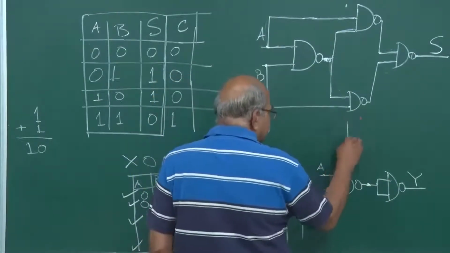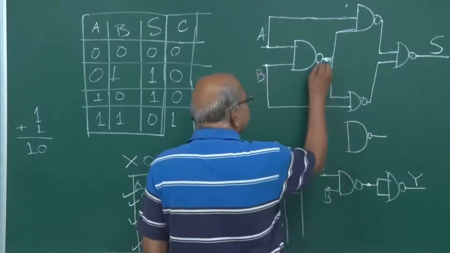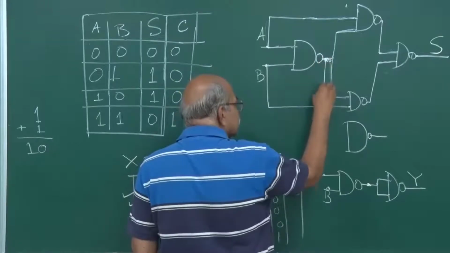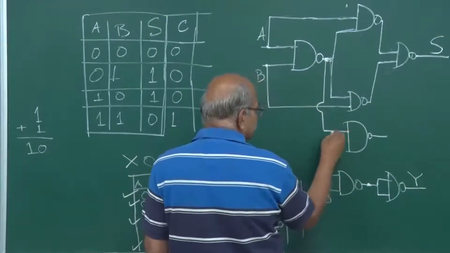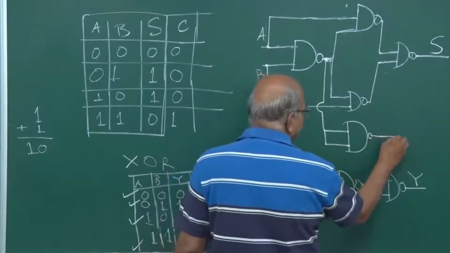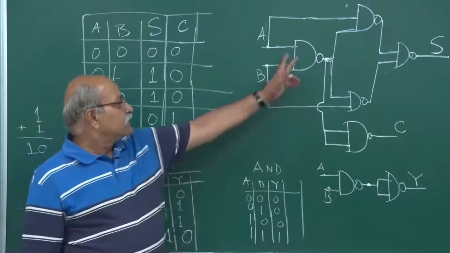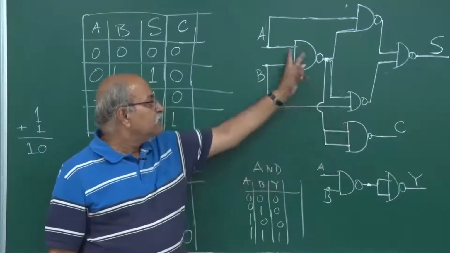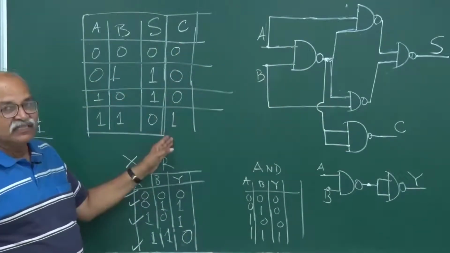So, I take another NAND here, and then from this point I give both the inputs, and this will be our carry, right. This NAND and this NAND will make AND, and A and B is nothing but the carry.